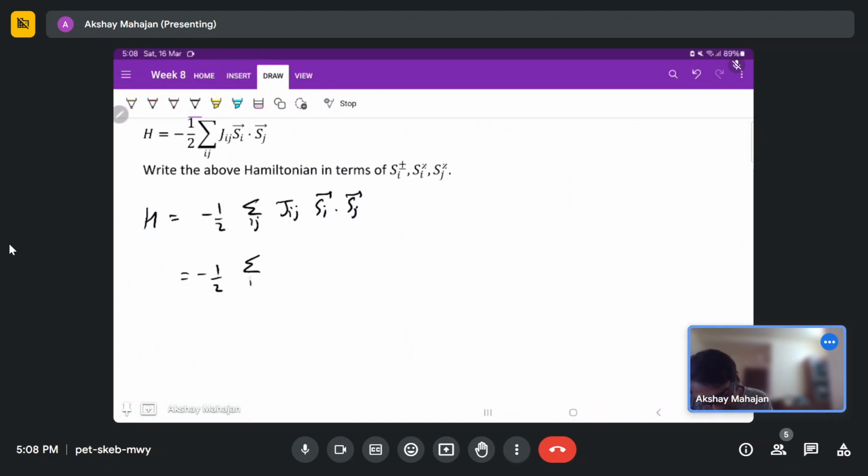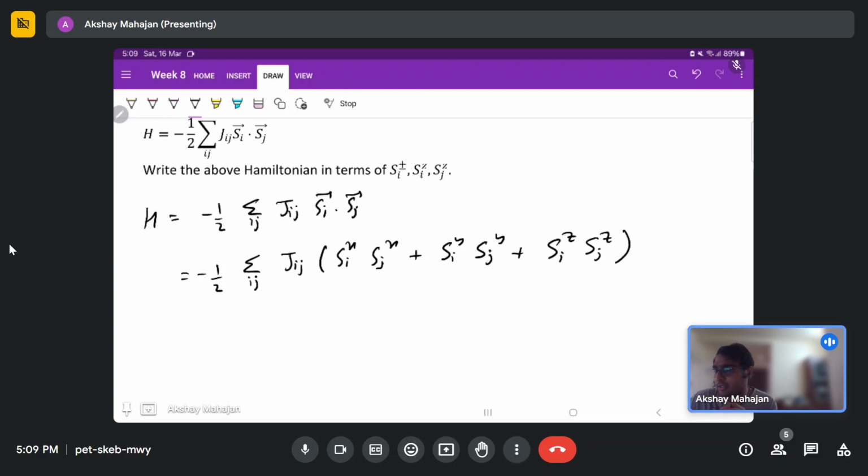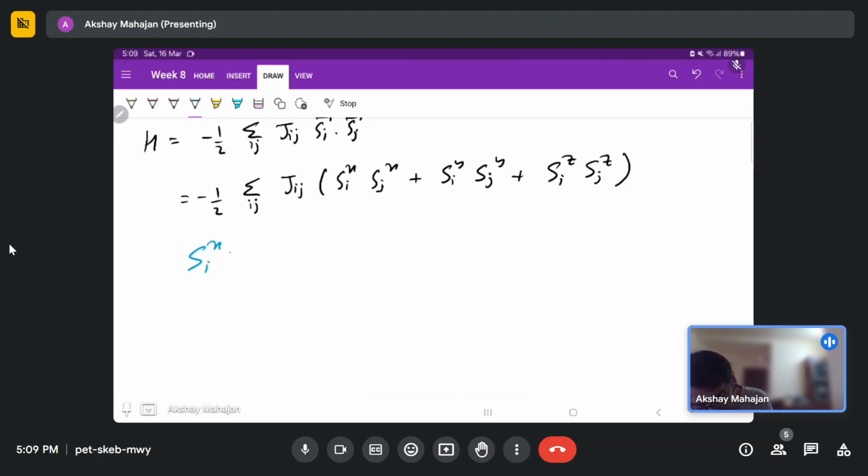If you take the dot product, this will give you J_ij times S_ix S_jx plus S_iy S_jy, and then S_iz times S_jz. Basically, this you need to know for this problem.